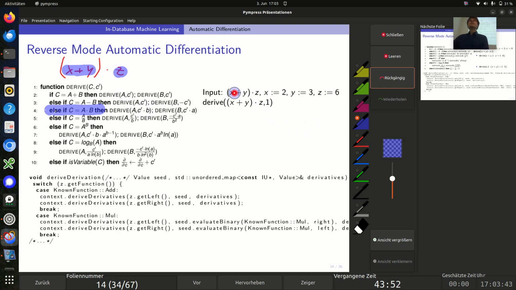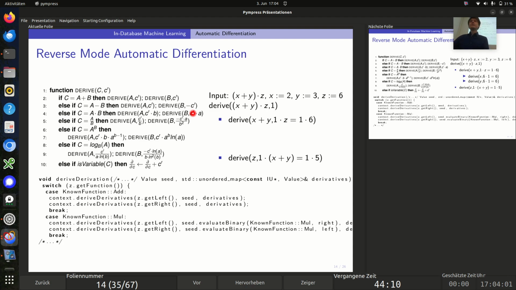On the right side you see the example. First I call this function, and then I have to recursively call it only for x plus y and only for z, because I have two calls to derive. So here you see two calls to derive.